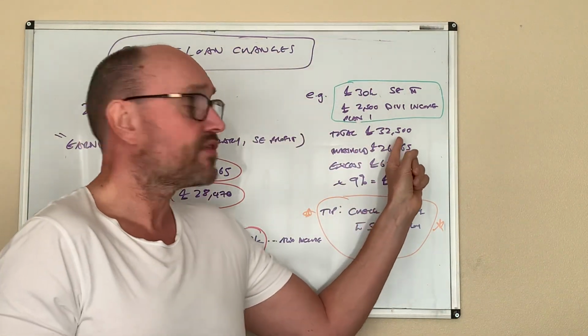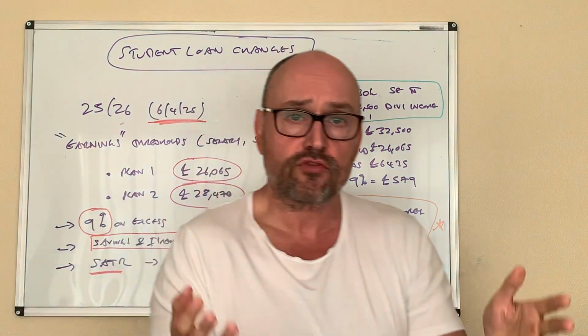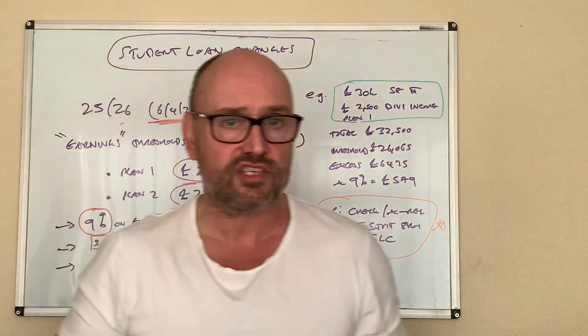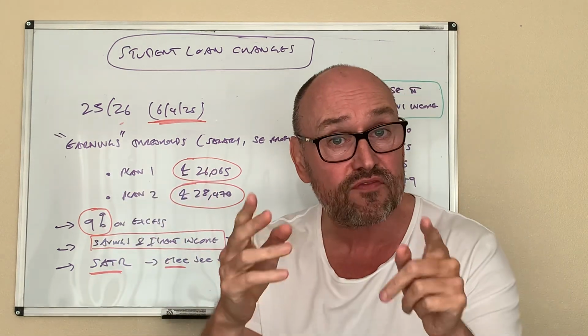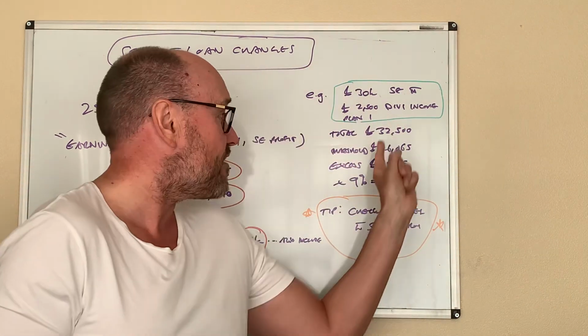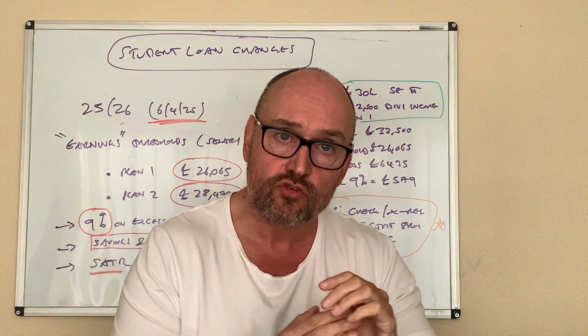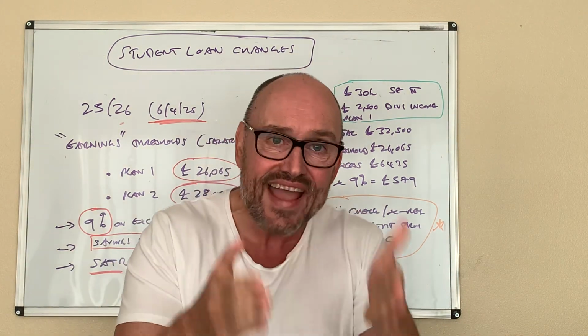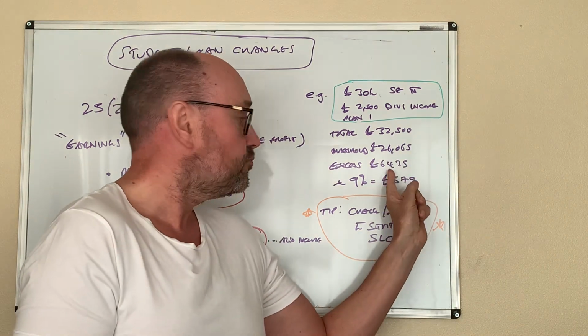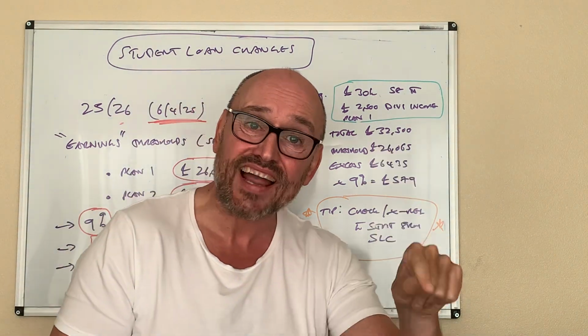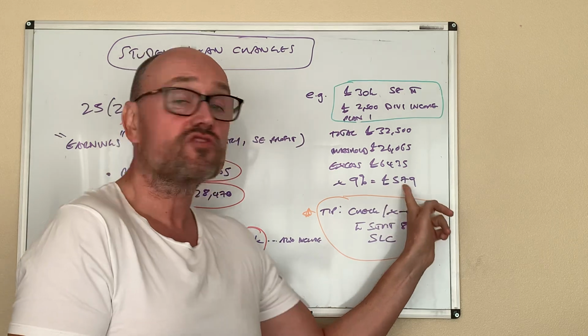Well, £32,500. What's the new threshold? Assuming we're in the next tax year now, the plan 1 threshold is £26,065. The excess, therefore, is £6,435. And of that excess, more or less 6,500 at 9% is £579.